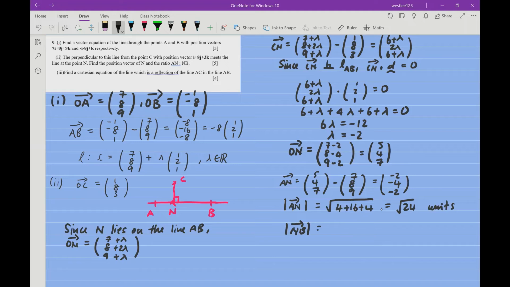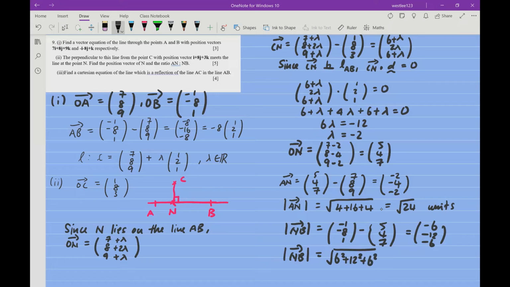NB, endpoint minus starting point, so we take B minus N instead. This will give us, so the length of NB equals square root of 6 squared plus 12 squared plus 6 squared, which is square root 216.